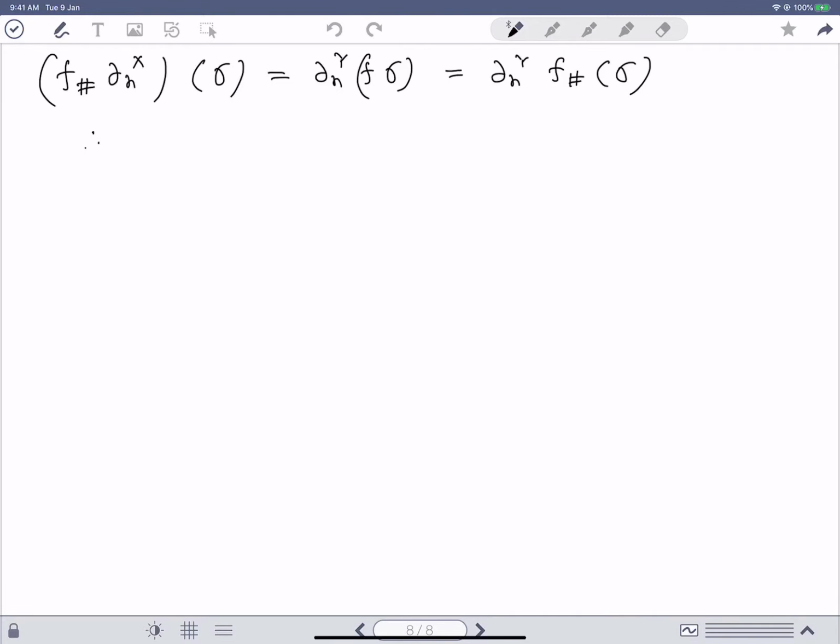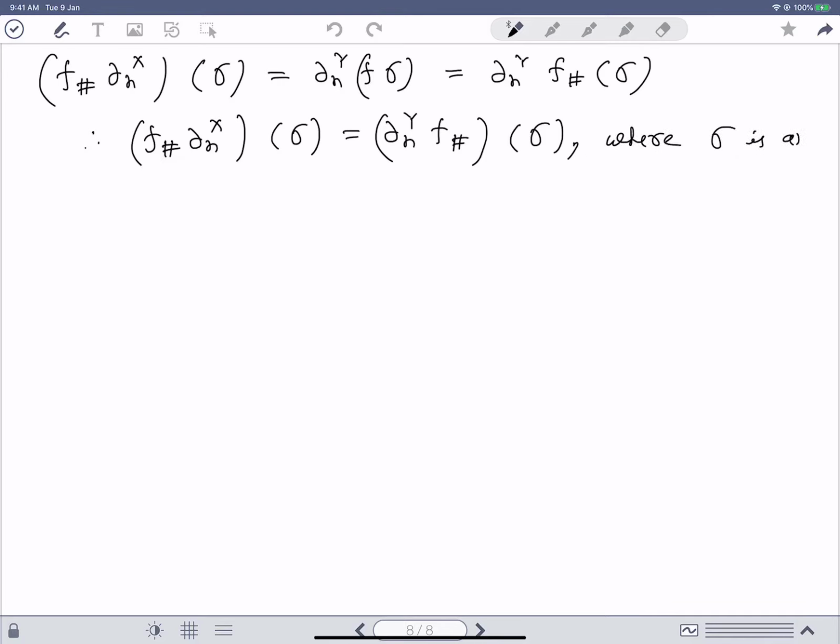Therefore f hatch del n x sigma equals del n y f hatch sigma, where sigma is any singular n simplex in x.